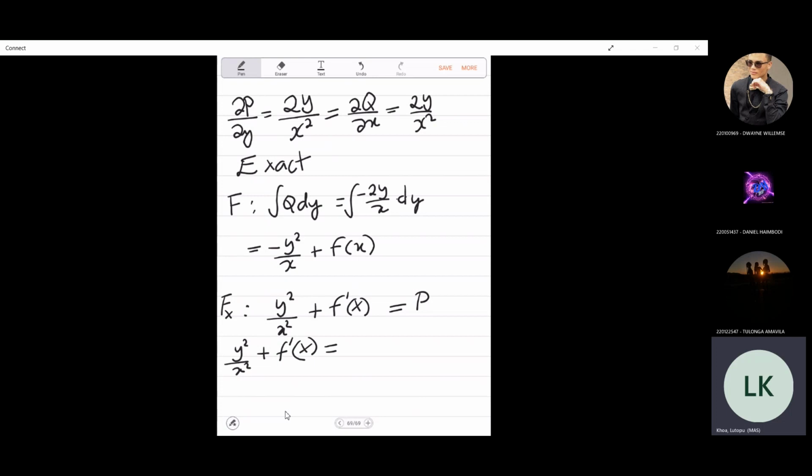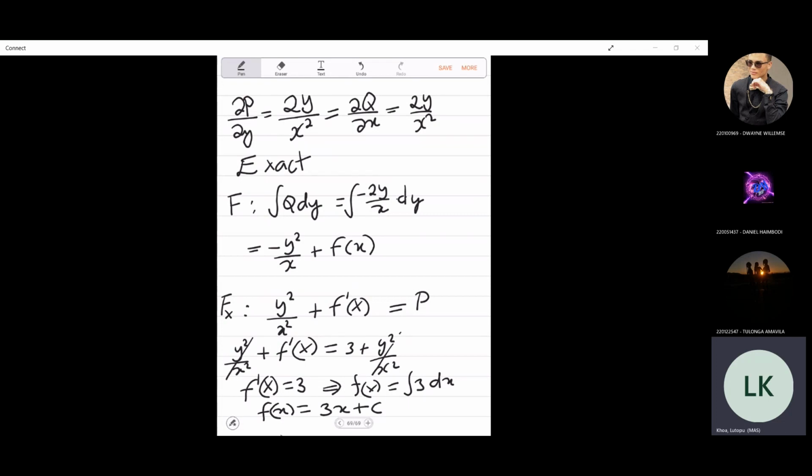This is equal to p, which is 3 plus y squared over x squared. Then those two will cancel. So we have f prime of x is equal to 3. And then this means f of x is the integral of 3 dx. And therefore f of x is equal to 3x plus c.